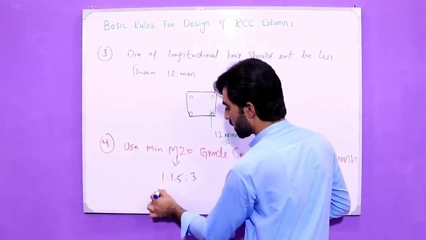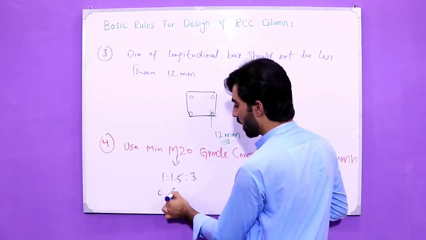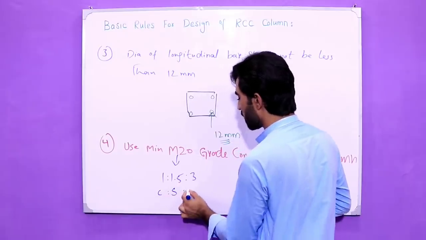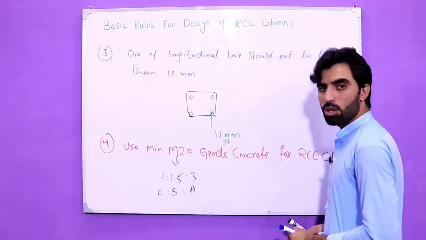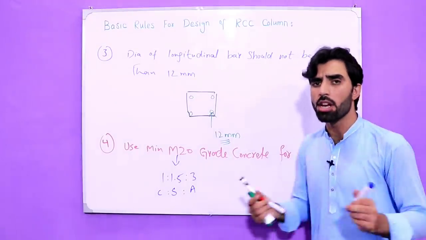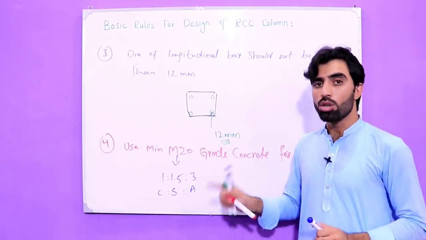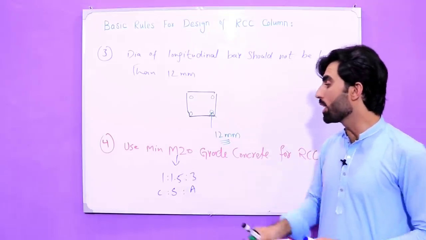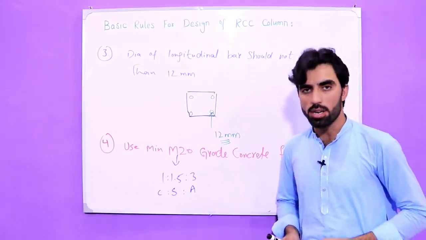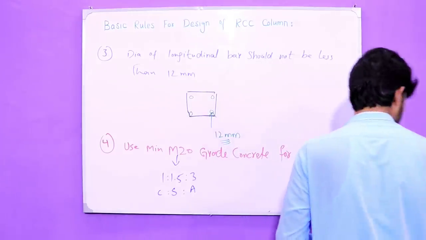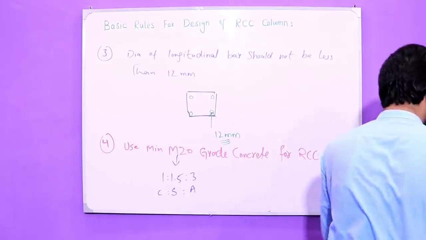Here 1 is cement, 1.5 is sand and 3 is aggregate or crush. Use minimum M20 grade concrete because strength of concrete depends on grade of concrete. So this is the fourth rule.